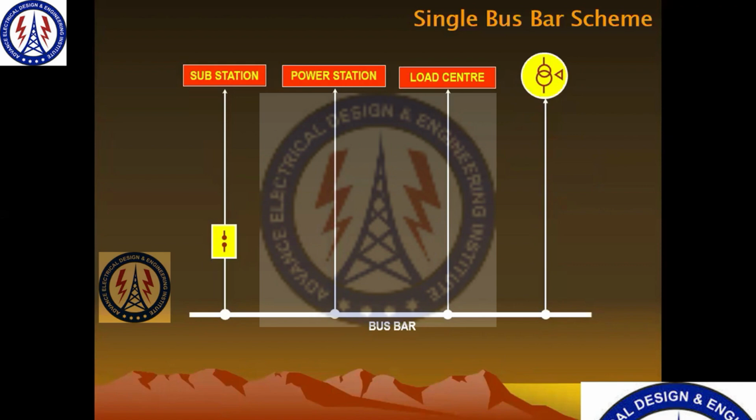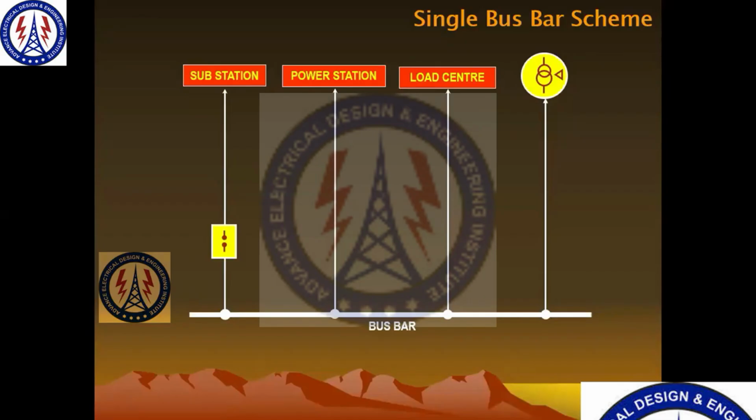We will understand these two factors in further slides along with the bus bar switching schemes, so you understand the advantages and disadvantages of different bus bar switching schemes, and why we are taking any switching scheme.